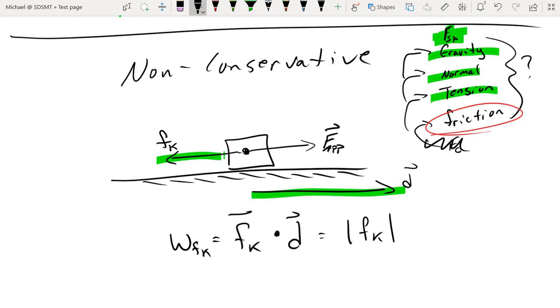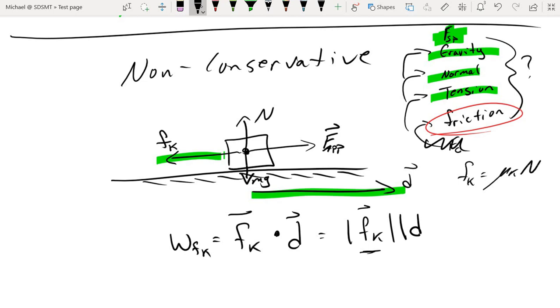Now for a friction force, kinetic friction specifically, the equation is mu kn, and we could do some extra work in this problem to figure out what the normal force is, but for right now, we're good in knowing that we can find that friction force. So I have a value that I can plug in here.